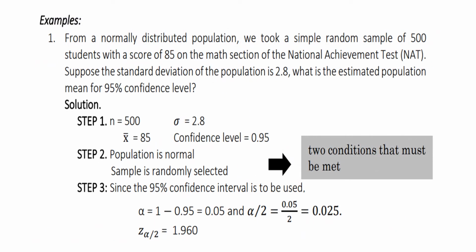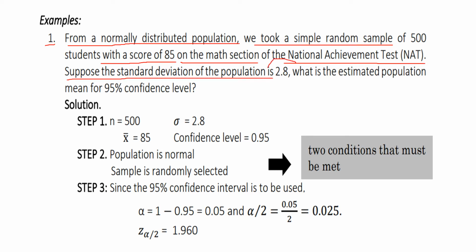So for our examples, let's start with example number 1. From a normally distributed population, we assume that your population is normally distributed. We took a simple random sample of 500 students with a mean score of 85 on the math section of the National Achievement Test. Suppose the standard deviation of the population is 2.8.